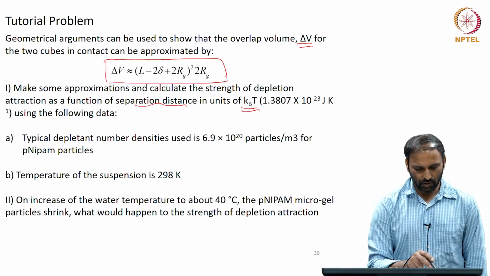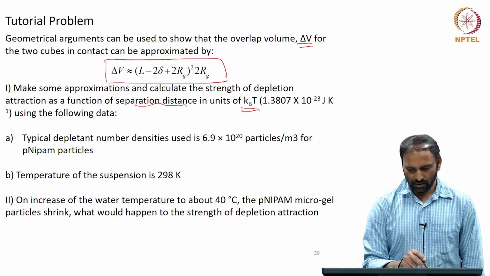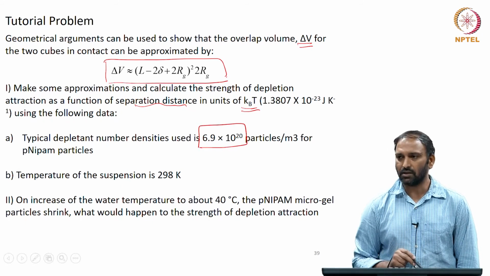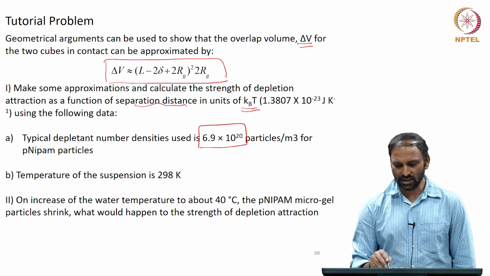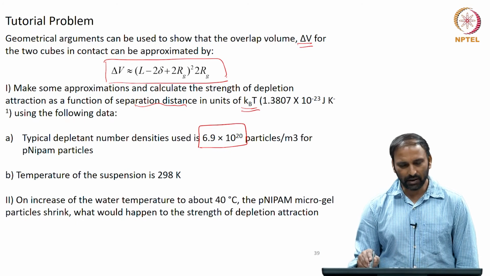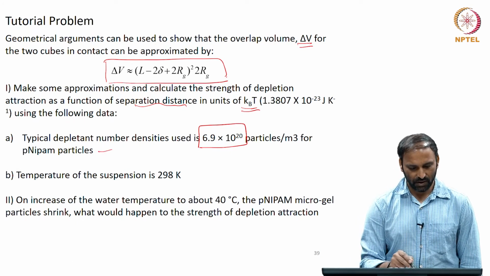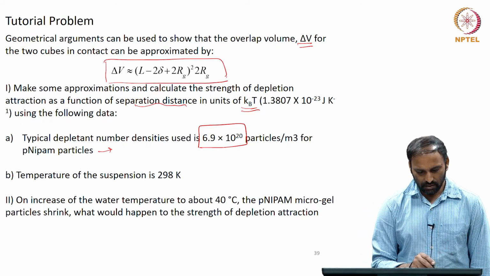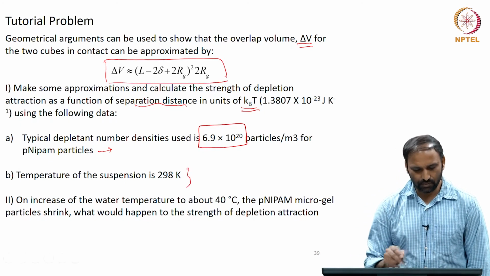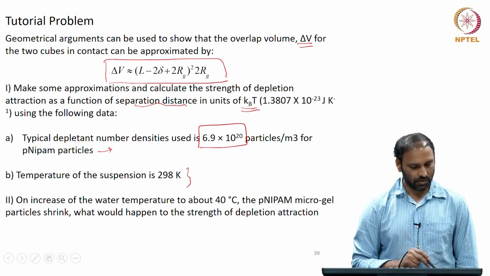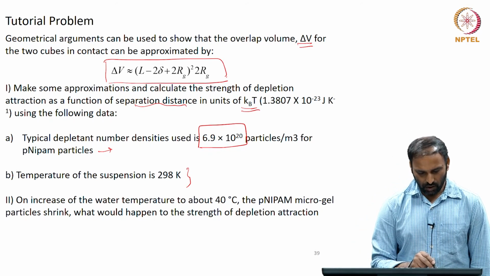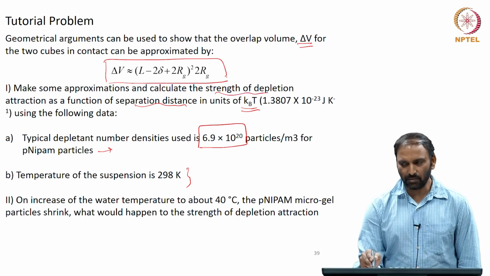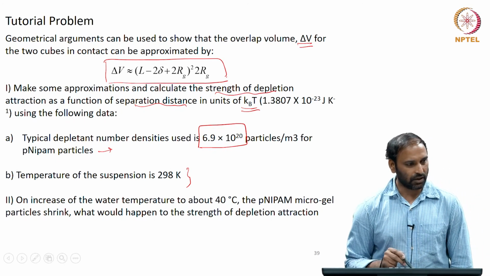The following data has been given. The typical depletant number density is 6.9 times 10 power 20 particles per meter cube, and the temperature of the suspension is also given to you. So you are supposed to calculate the strength of depletion attraction given these two conditions.